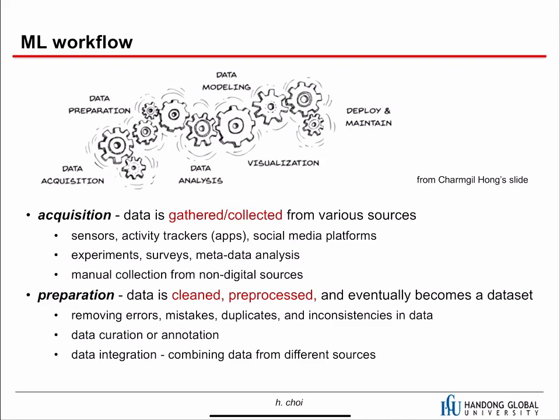We also have to annotate data samples and combine some data samples from different sources. Sometimes we have missing values in our data samples, like when we get one sample and some features are missing. In that case, we can delete that sample, or we can do something about the missing values.